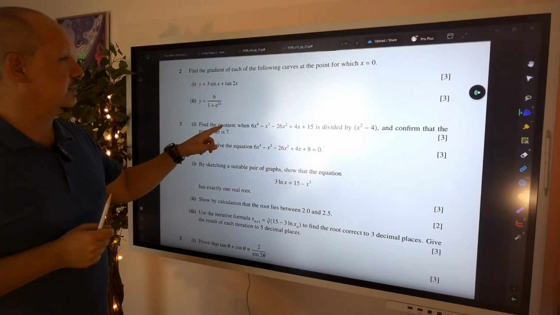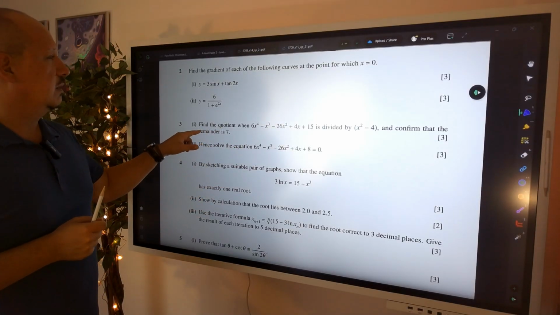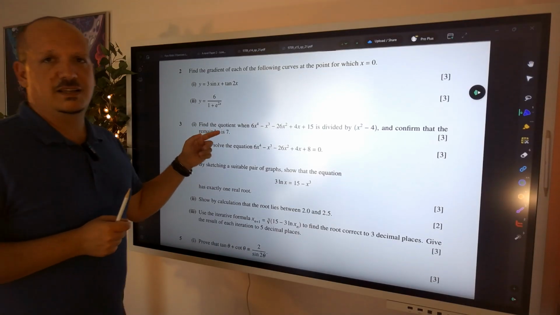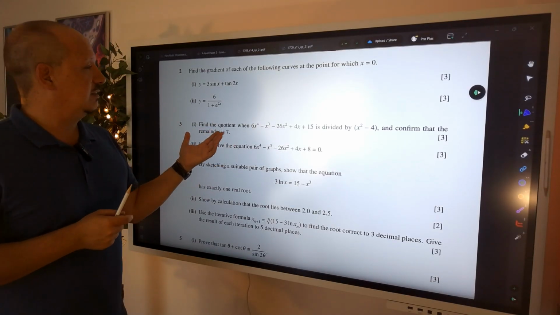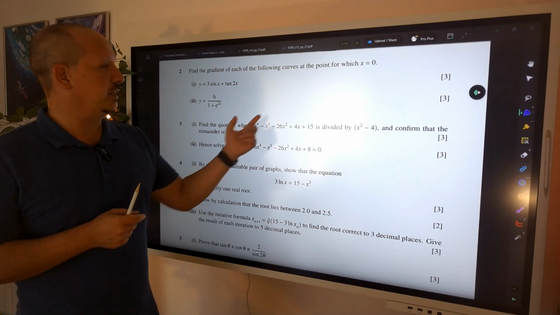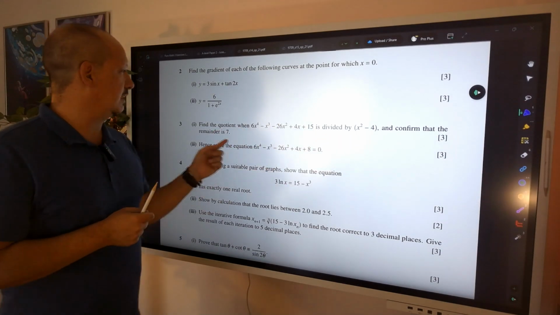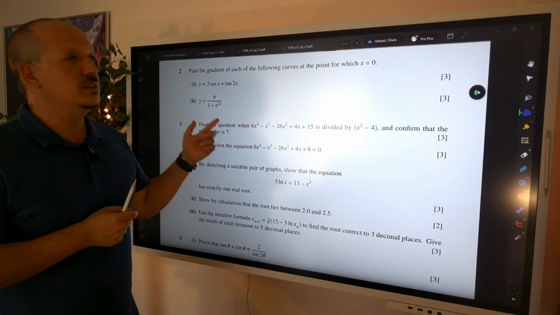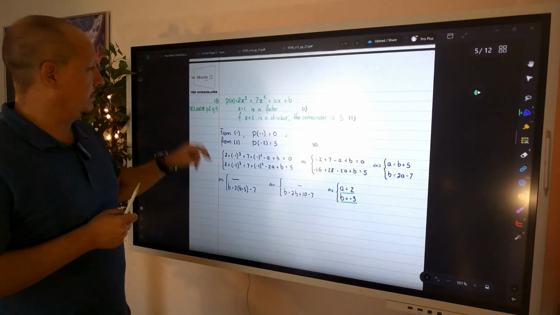So how to solve this? This is a fancy way of asking you to just divide this by this and confirm that the remainder is 7. So basically, that's all you have to do.